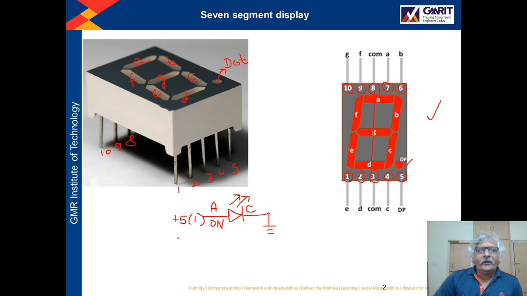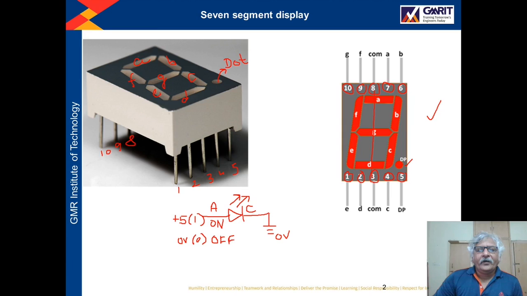And if you apply 0 volt, or binary 0, then anode and cathode are both at the same potential, because cathode is at ground, which is 0 volt, and anode is also kept at 0 volt. So both are at the same potential, so the LED will not turn on. It will turn off.